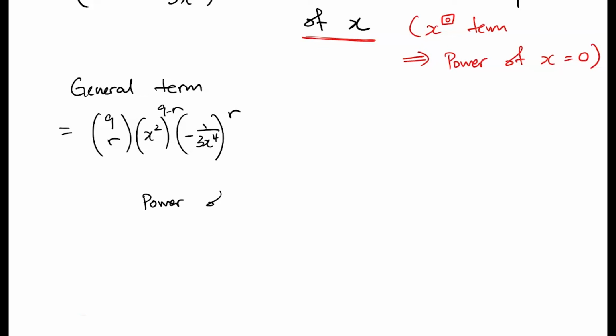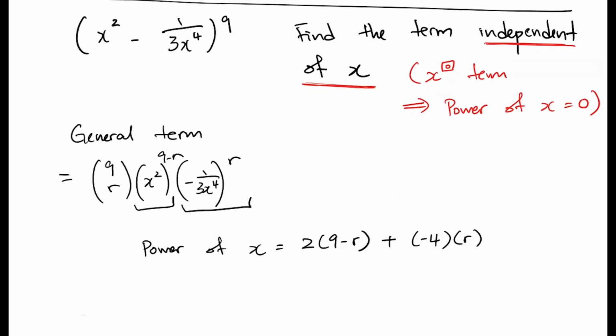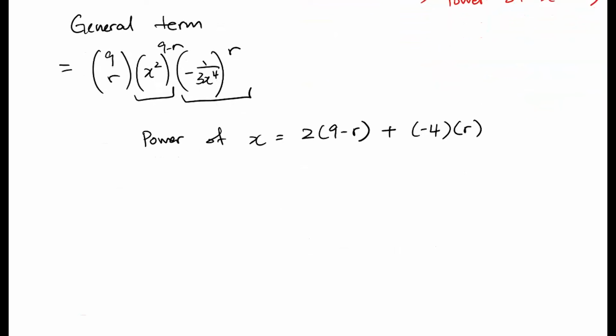So the power of x is equal to 2 times (9 − r), that's from the first factor here. Then plus, from the second factor, because x is in the denominator, it's actually negative 4 times r. The question is asking for the power of x to be 0, so we put 0 here, and that is equal to 18 − 2r − 4r.